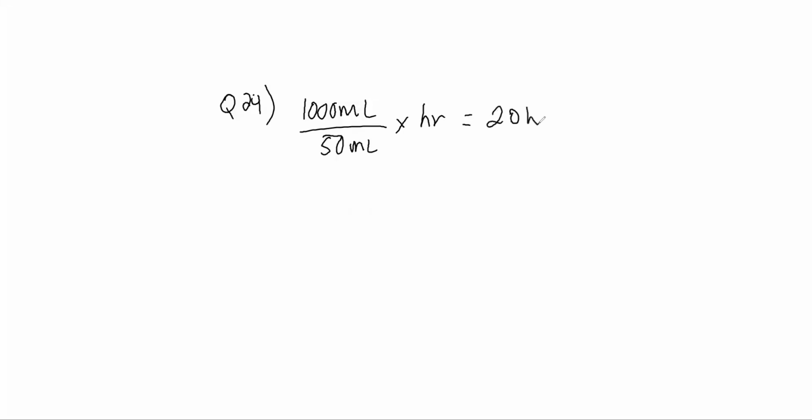So it's 20 hours. If it started at 8 a.m. on Monday, you're just going to do 20 hours from 8 a.m. The way I always say is 20 hours is really close to 24 hours. So 8 a.m. Tuesday would be 24 hours, and just subtract 4. So Tuesday at 4 a.m. is how you arrive at your answer.